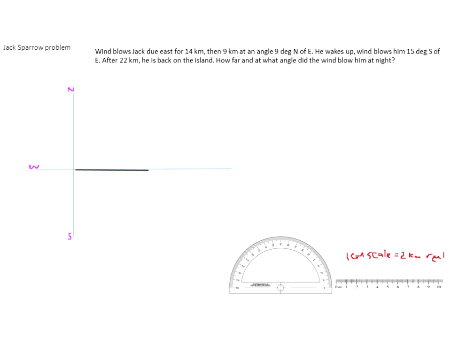The next one, 9 kilometers at 9 degrees north of east. I realized after I uploaded this, I should have put my ruler under the protractor. So I'm just going to kind of guess. So 9 kilometers in real life is going to be 4.5 centimeters. I'll just sort of guess at the 9-degree angle. That's not a great 9-degree angle, but it's okay.